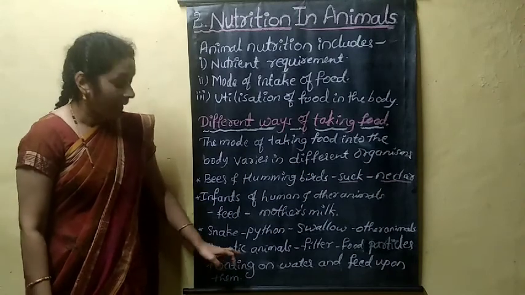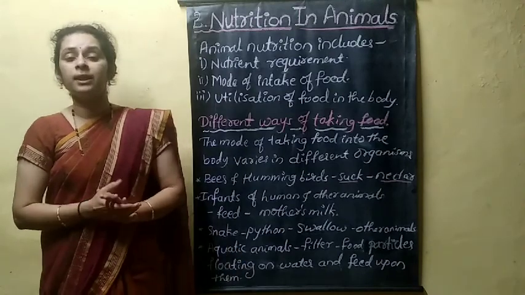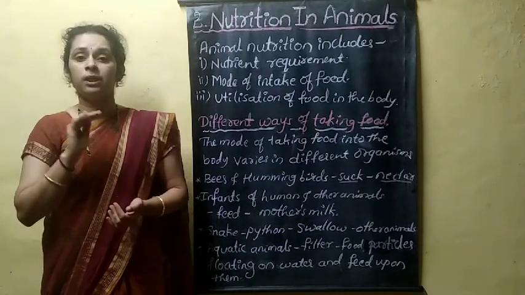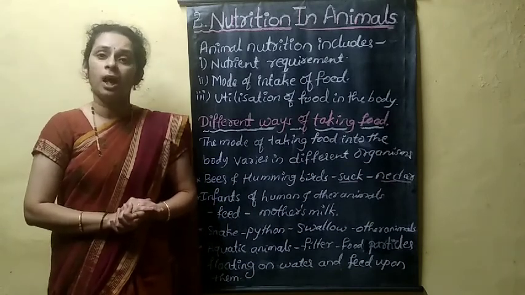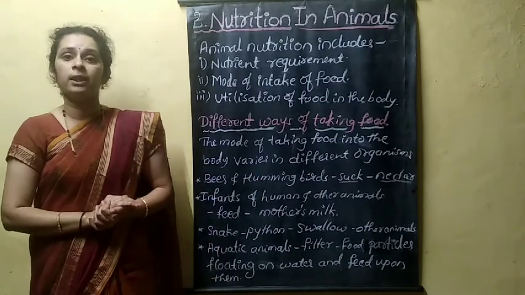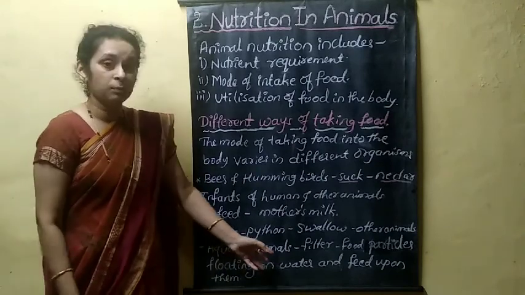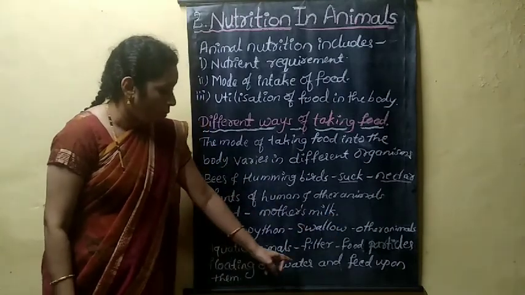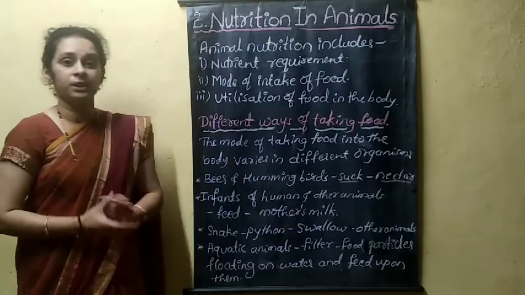Next we will consider aquatic animals. Aquatic animals means the water living animals, or the animals living in water. Aquatic animals filter food particles floating on water and feed upon them.